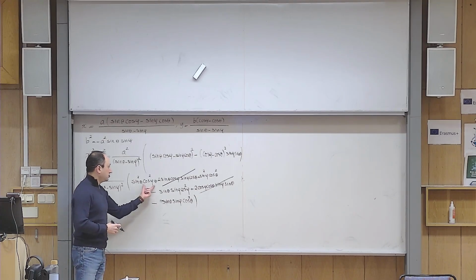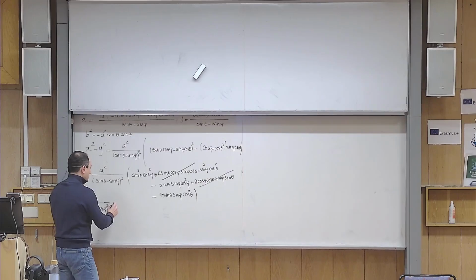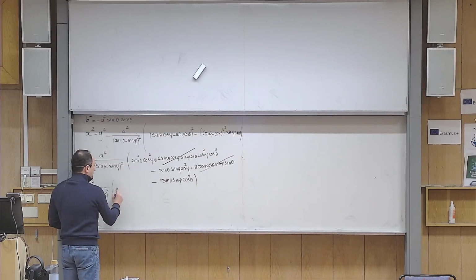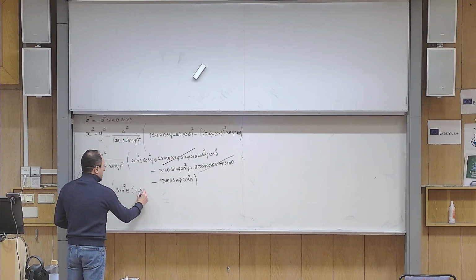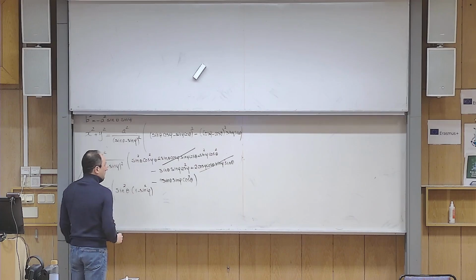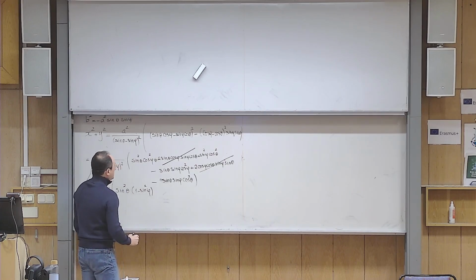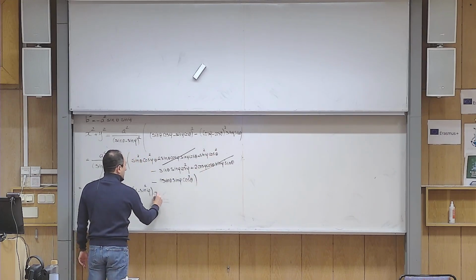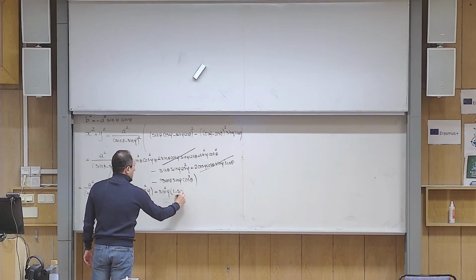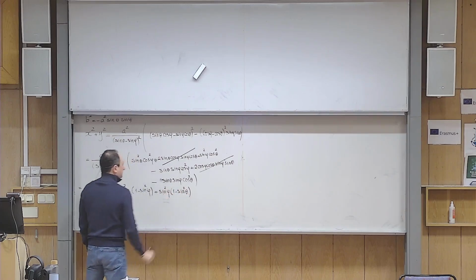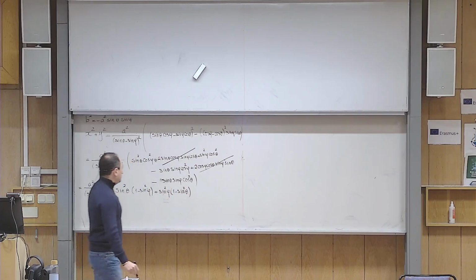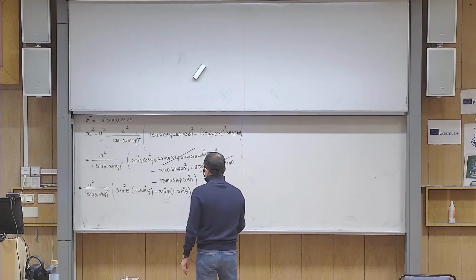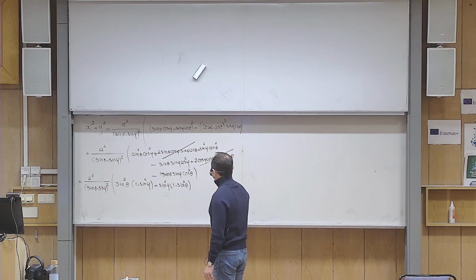So for getting rid of cosine here, there is one alternative. So let me write it. I would write sine theta squared, and then here I would write 1 minus sine phi squared. Okay? And the same happens for this term. I want to get rid of this cosine as well, so I would write sine phi squared times 1 minus sine theta squared. Okay, and then let us see what is left for me.